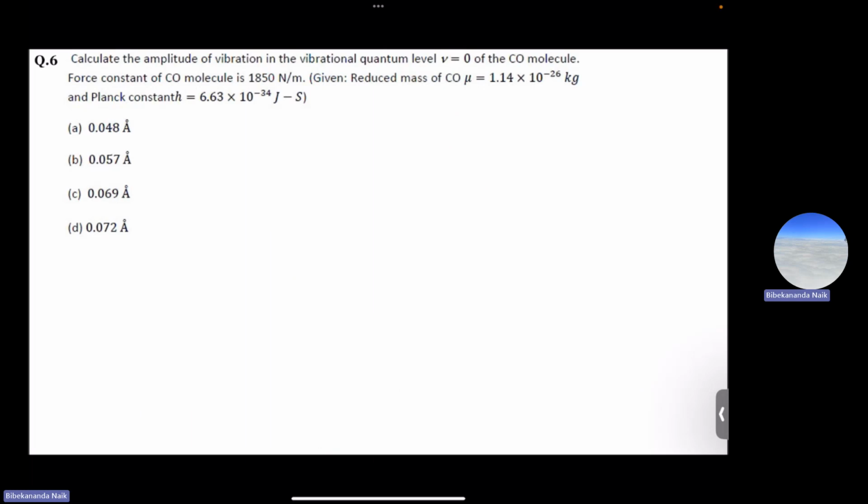Then the next question. The question says calculate the amplitude of vibration in the vibrational quantum level V equals 0 of the carbon monoxide molecule. The force constant of the carbon monoxide molecule is 1850 Newton per meter. The reduced mass and Planck's constant are given, and we need to find the amplitude of vibration.